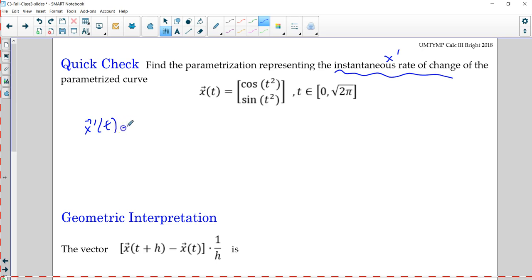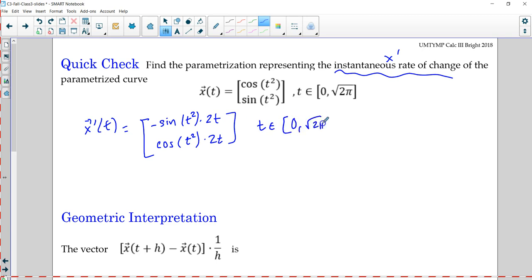Okay, this is just going to be negative sine of t squared times 2t, and then this one is going to be cosine of t squared times 2t. And when we differentiate, the restrictions on t don't actually change, so t is still within 0 and root 2 pi.